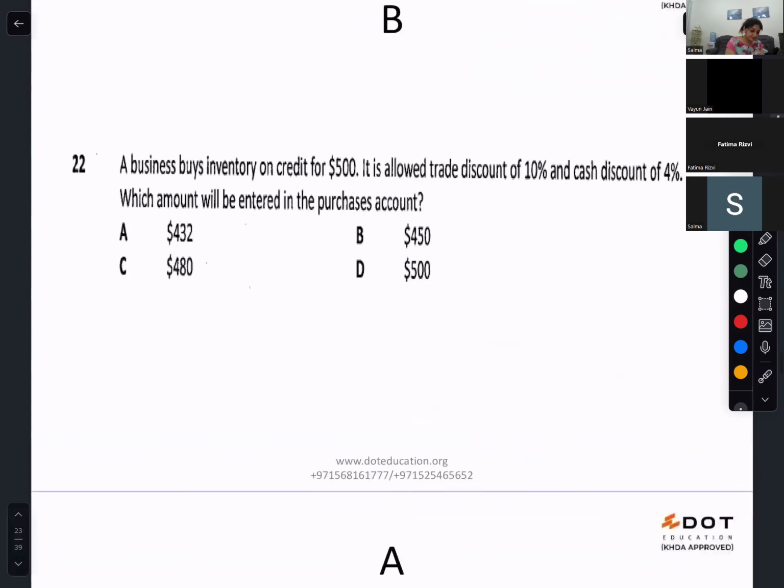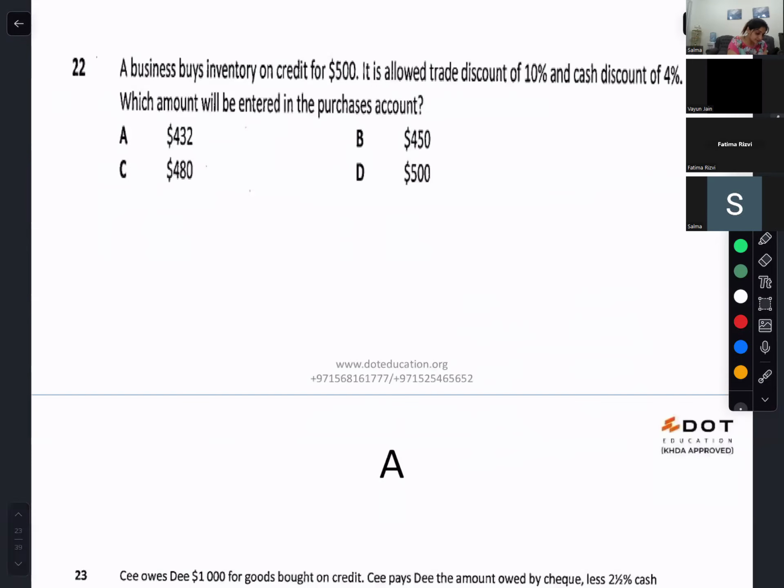Fatima. A business buys inventory on credit for 500. It is allowed trade discount of 10% and cash discount of 4%. Because it's being entered in the purchases account, we'll only record up to the net list price.